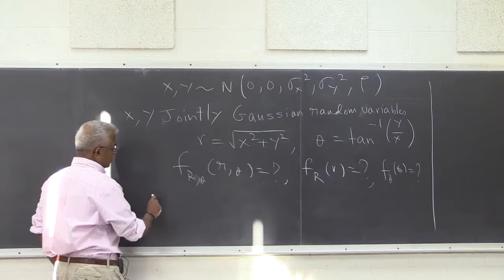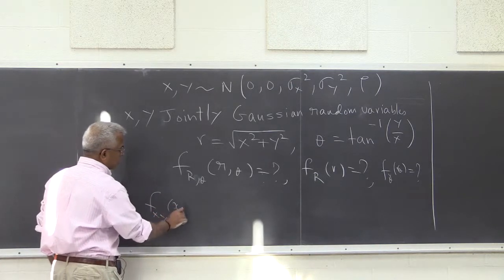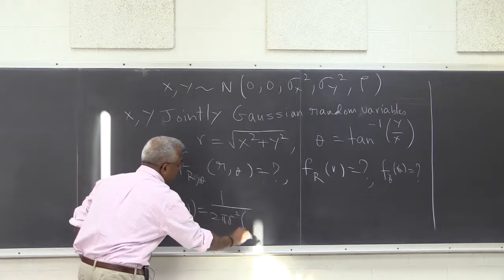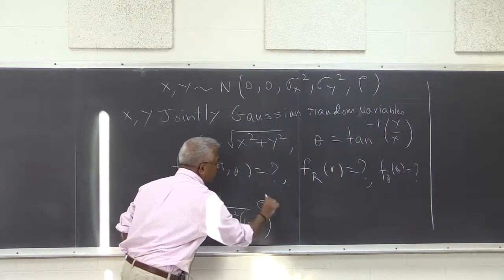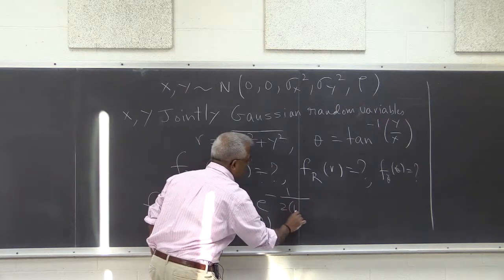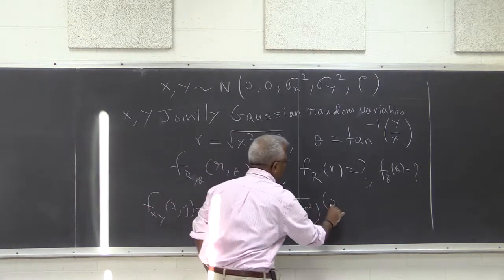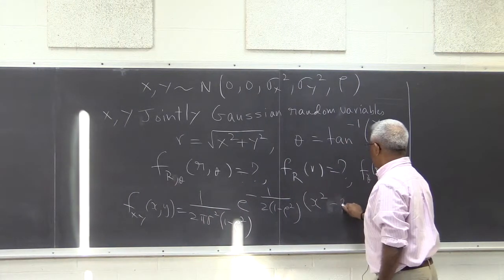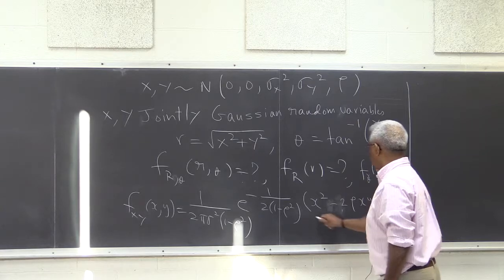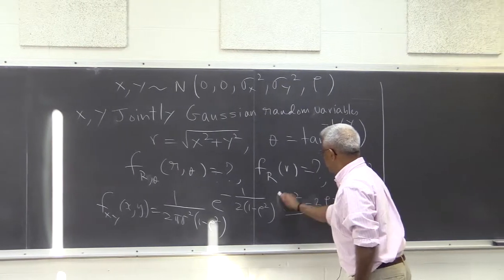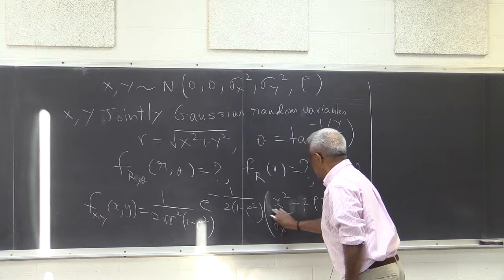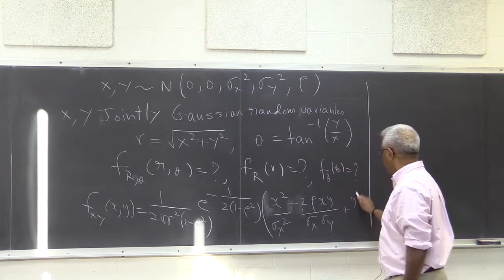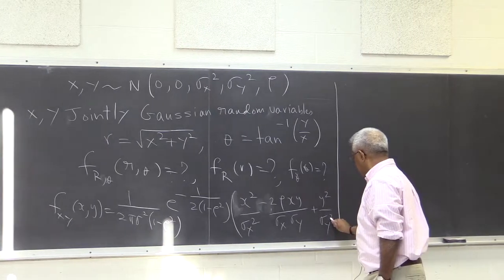So notice that to start with, the joint density function of x and y is given to be 1 over 2 pi sigma x sigma y square root of 1 minus rho squared, e raised to minus 1 over 2 times 1 minus rho squared, x squared over sigma x squared minus 2 rho xy over sigma x sigma y plus y squared over sigma y squared.